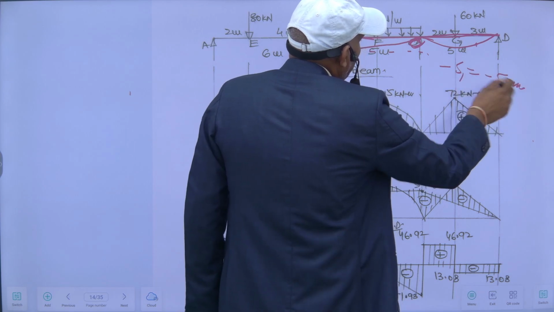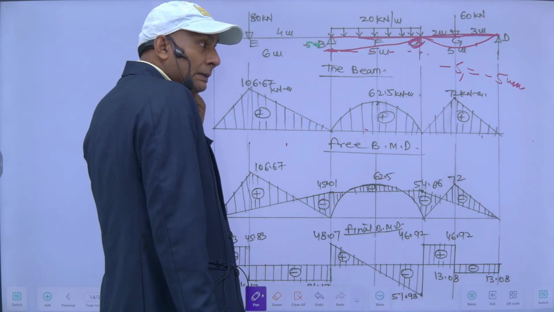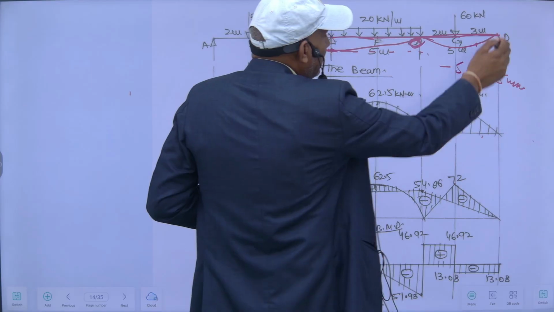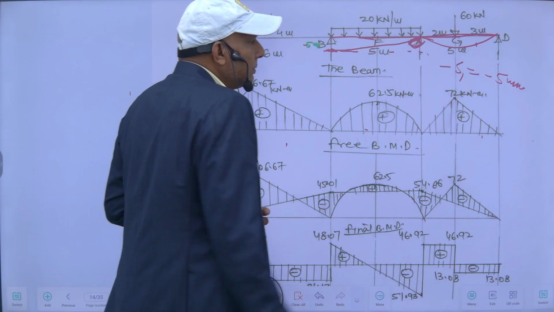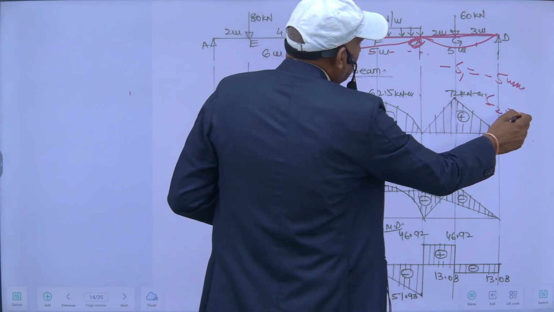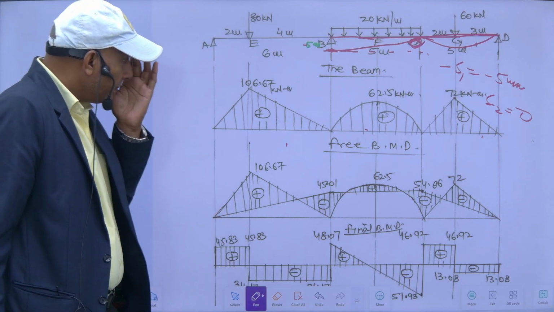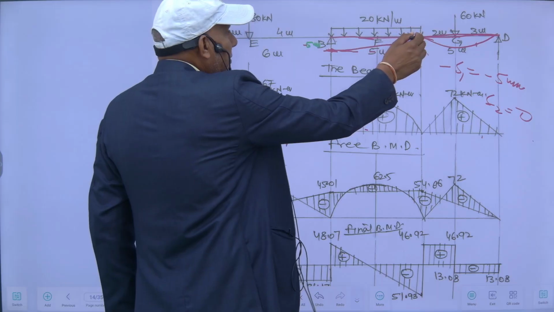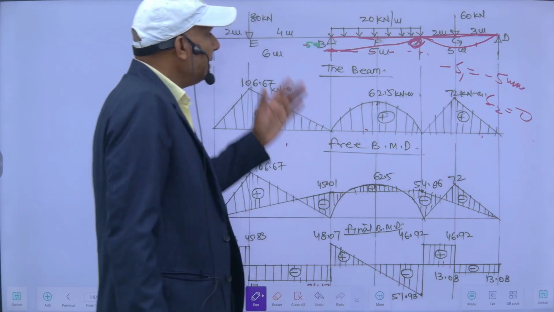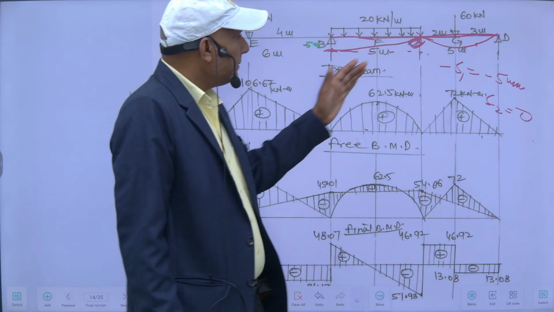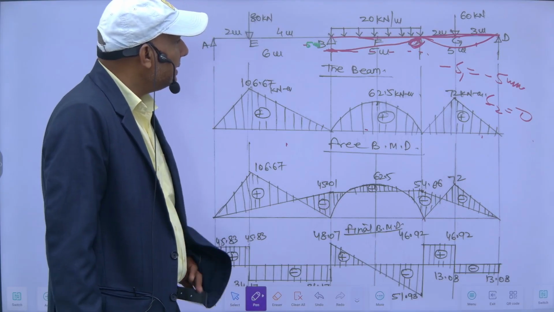So, delta 1 will be minus 5 mm, and deflection of this point with respect to this is 0, as both are at the same level. So, delta 2 is equal to 0. Settlement of this with respect to B is minus 5 mm, since it is against the generalized deflected curve as we discussed in the derivations.